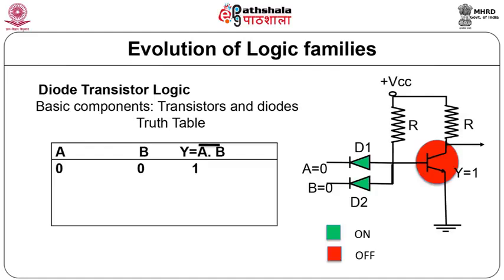Consider the basic NAND gate using diode transistor logic. You can see here 2 diodes and 1 transistor and some resistors. Let us verify the truth table using this particular logic circuit.